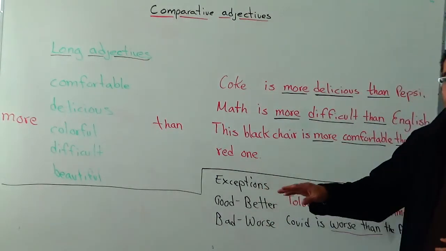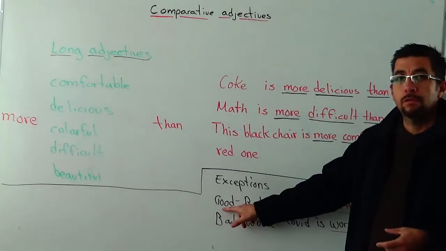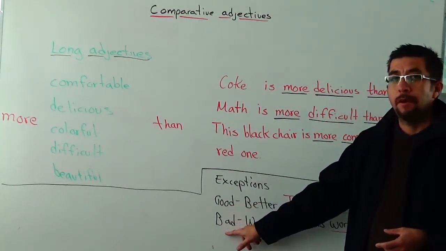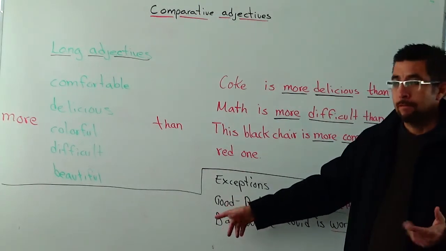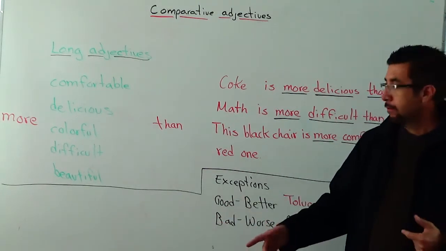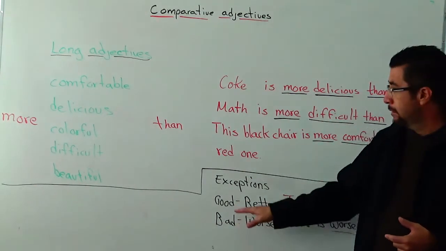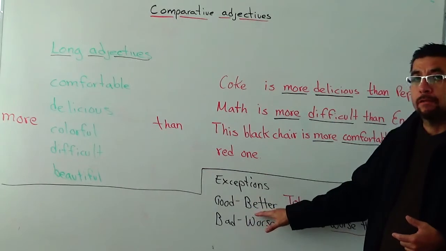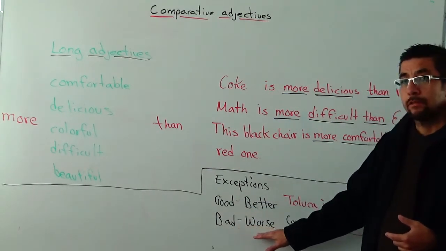There are some exceptions to the rule. We have the adjective good and the adjective bad. Good is bueno, right? Bad, malo. But in English, we use another rule for them. We use better to make the comparative. And in the case of bad, worse.